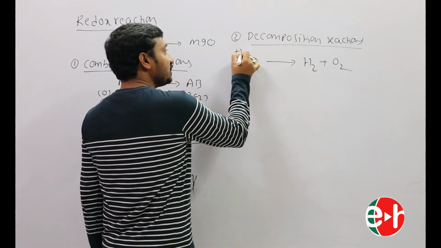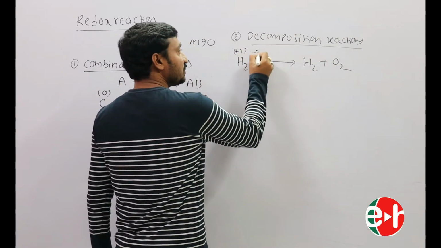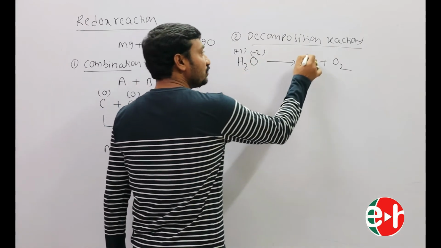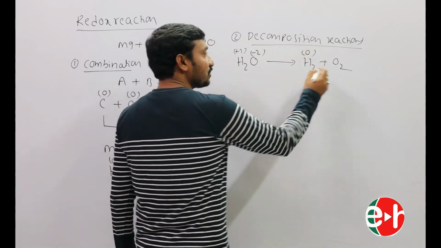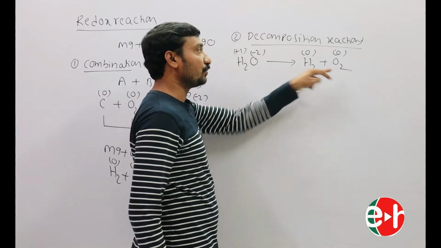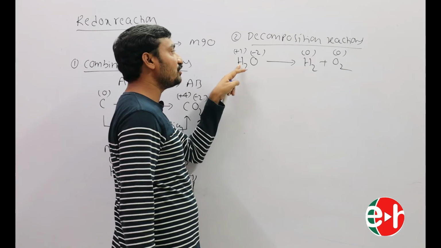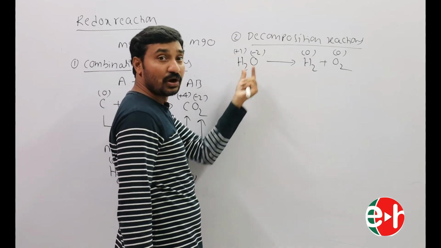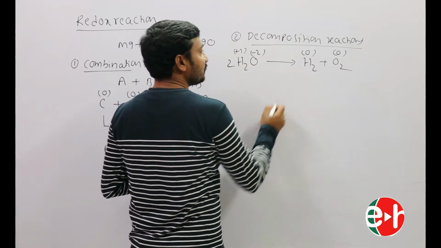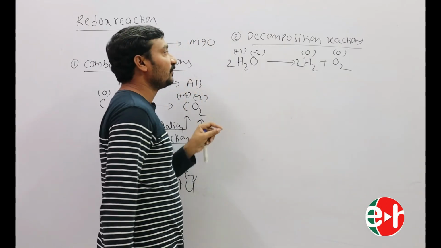In this one, hydrogen's oxidation state is plus 1, oxygen's oxidation state is minus 2. In H2, hydrogen's oxidation state is 0, and oxygen's oxidation state is 0 in O2. Why? Because they are uncombined. In H2O it is not 0. Why? Because they are combined. Hydrogen is plus 1, oxygen is minus 2. Already we know. Okay, 2H2O gives rise to 2H2 plus O2. Balancing.